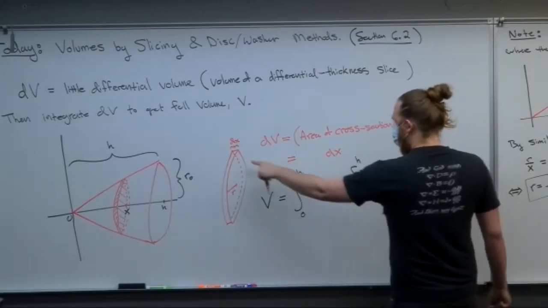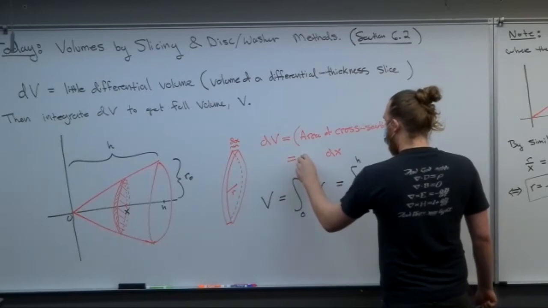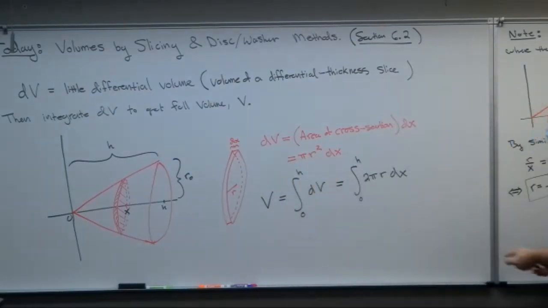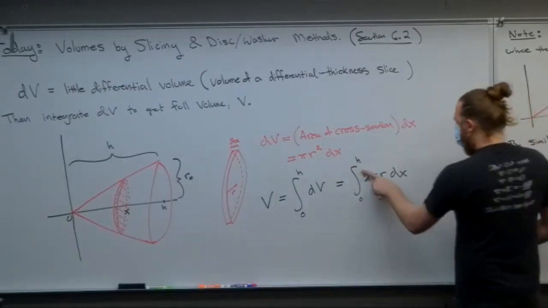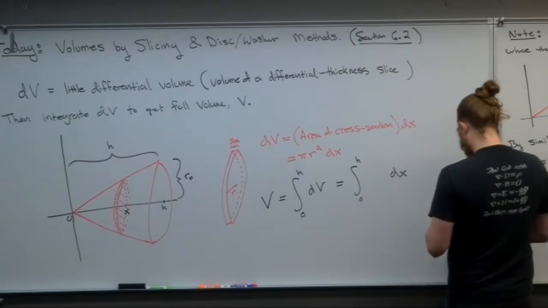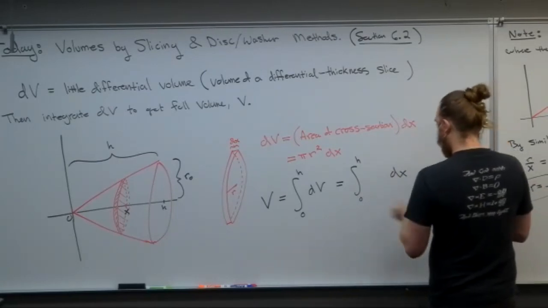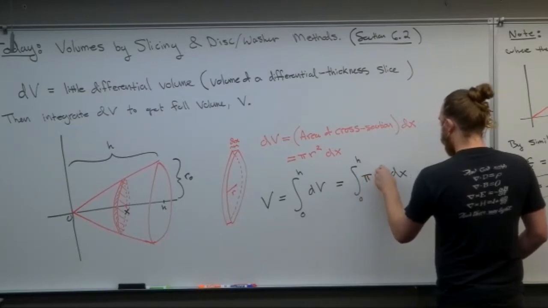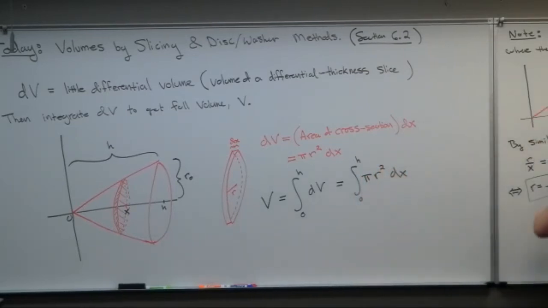The area of the circle here is pi r squared. I'm thinking ahead to the next method. So this is not a 2 pi r, this is a pi r squared. I'm so sorry. This work is fine.